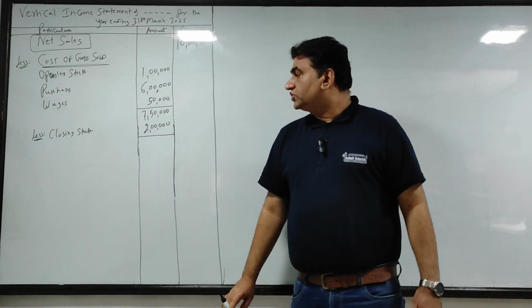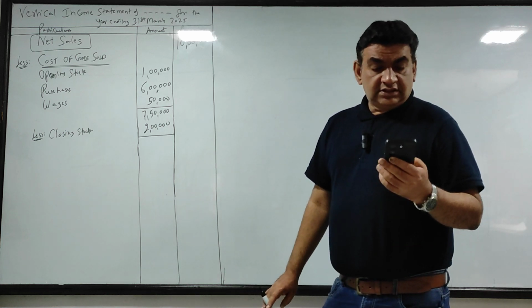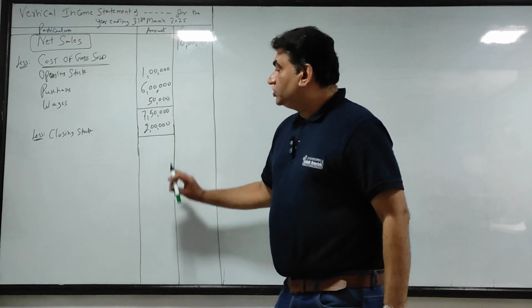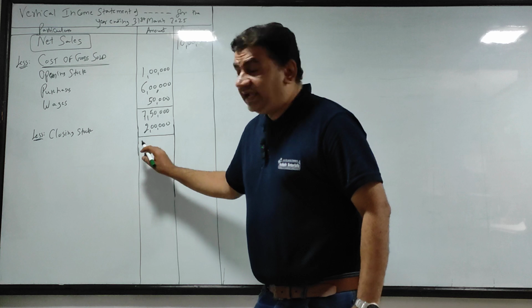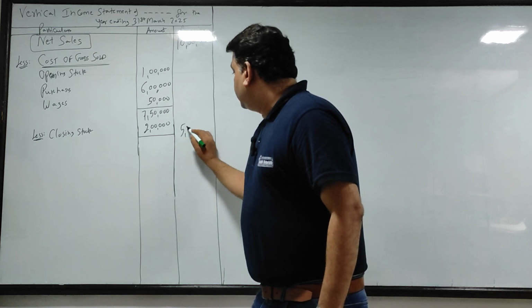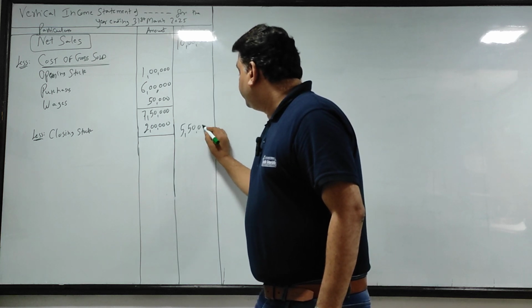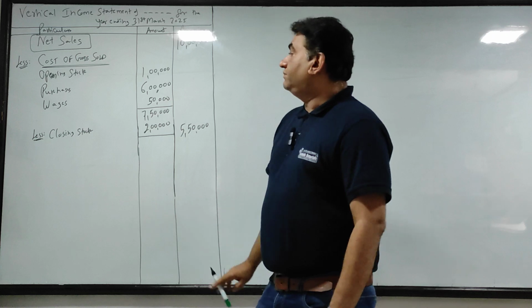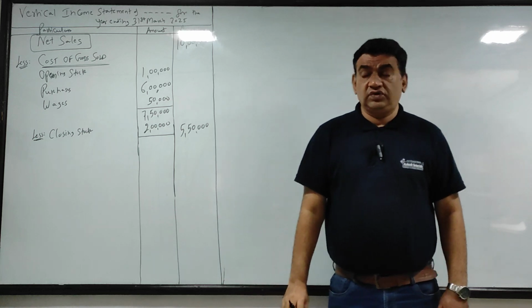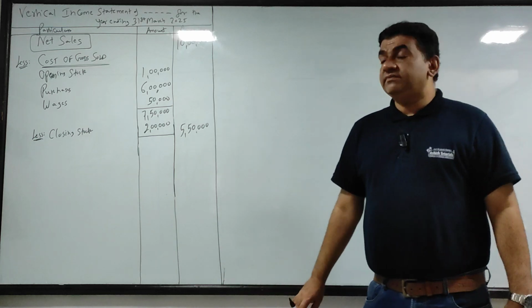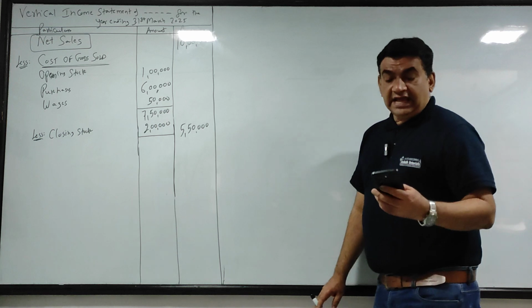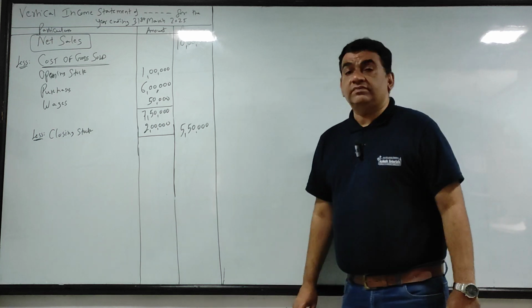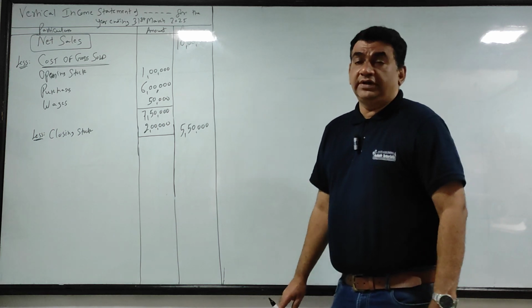So 750 minus 2 lakhs, 5 lakh 50 becomes my cost of goods sold.